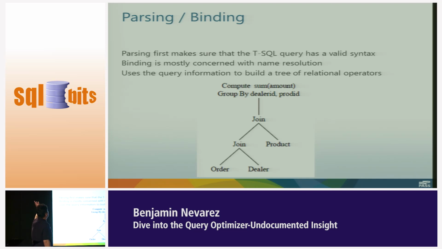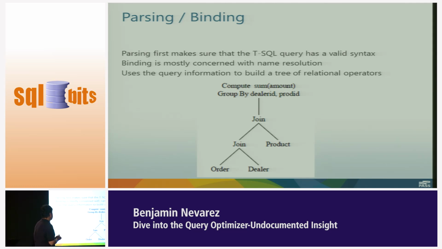So let's talk about the first two steps of query processing. Parsing, like in any other computer programming language, validates the syntax. The next operation is binding, which is basically name resolution. If we mention a stored procedure or a table, it's going to check that they really exist in the database.